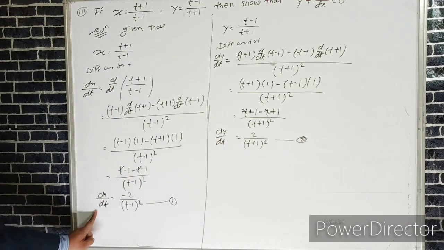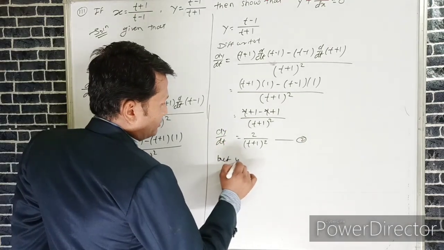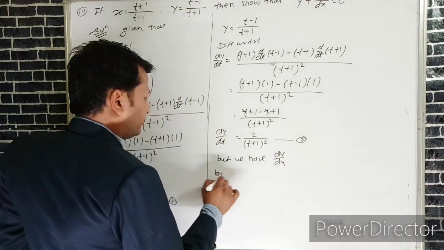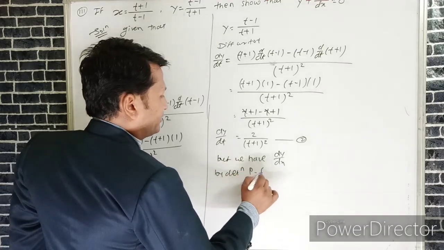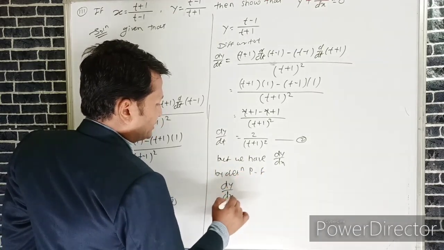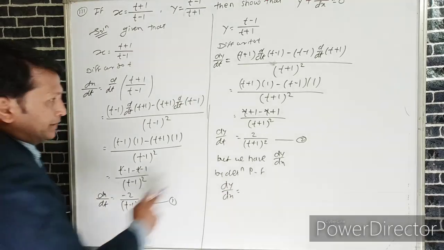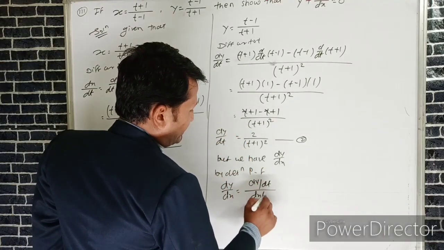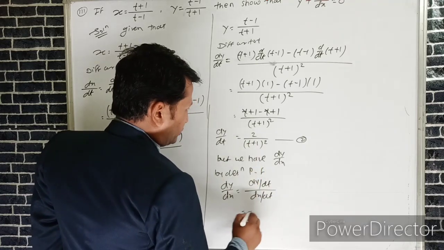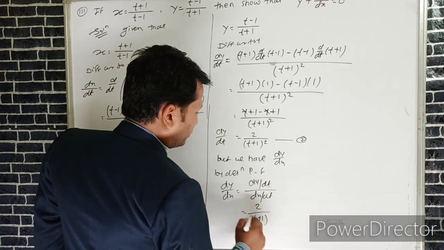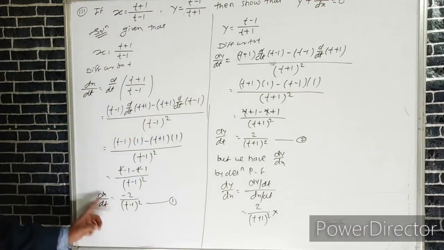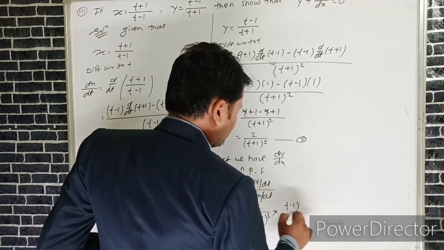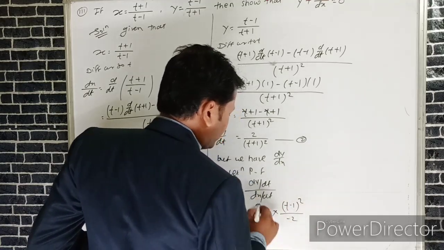First is dx by dt, but we need dy upon dx. By the definition of parametric function, we can write dy upon dx is equal to dy by dt upon dx by dt. Here dy by dt is 2 upon t plus 1 whole bracket square. We write dx by dt in reciprocal form, numerator and denominator exchanged, t minus 1 whole bracket square upon minus 2. Here 2 cancels.